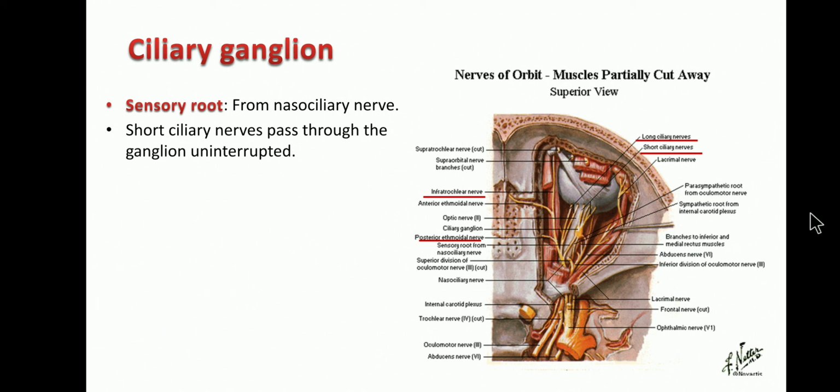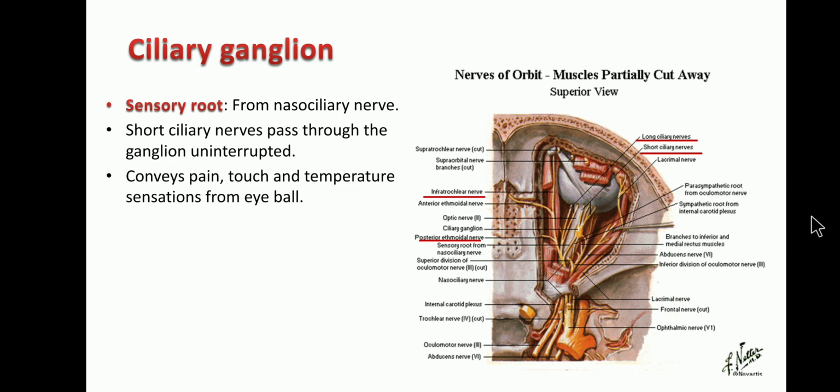They pass through the ganglion uninterrupted and then pierce the sclera, and they are sensory to the eyeball. Mainly temperature, thermal sensations and touch sensations from the eyeball and also from the cornea, iris and the ciliary body. They convey sensations, the short ciliary nerves.